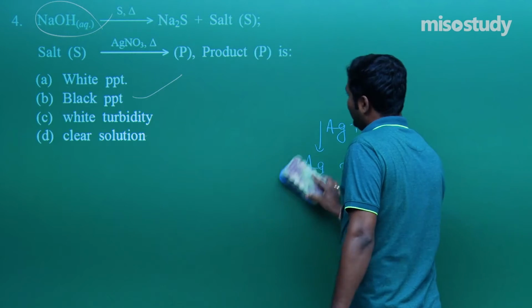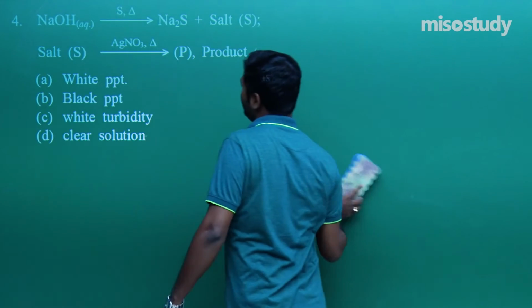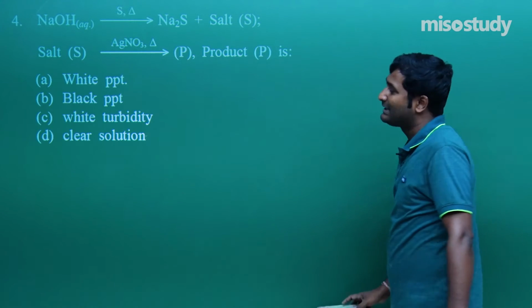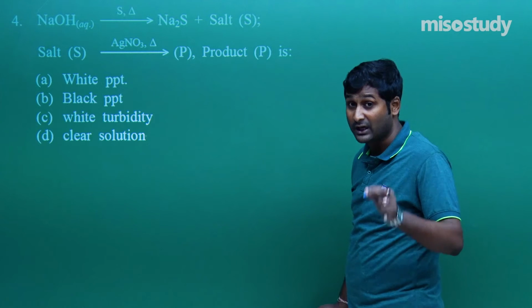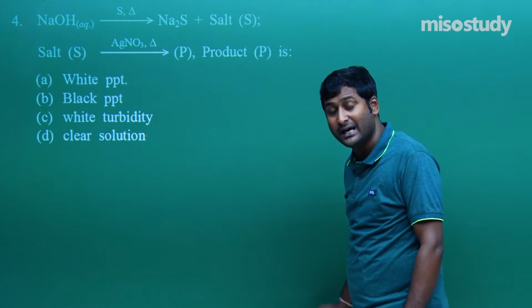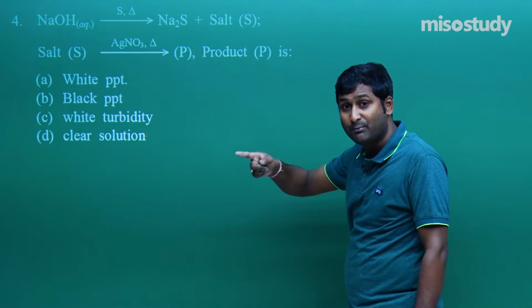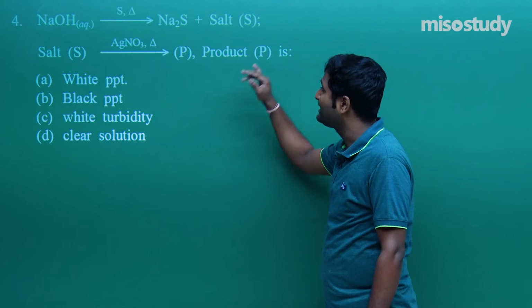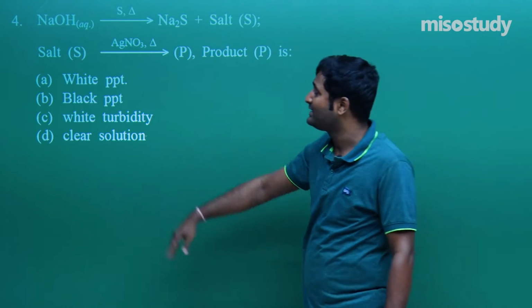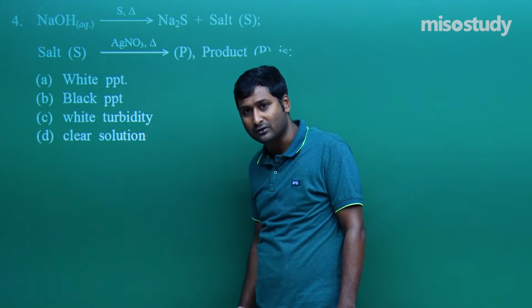One more thing, here only AgNO3 is mentioned. So don't get confused, don't take the white precipitate, because the final product is Ag2S, not Ag2S2O3. Again I am repeating, we are not looking at the intermediate, we are looking at the final product. The final product is Ag2S, and Ag2S is black, not white turbidity, and not a clear solution.